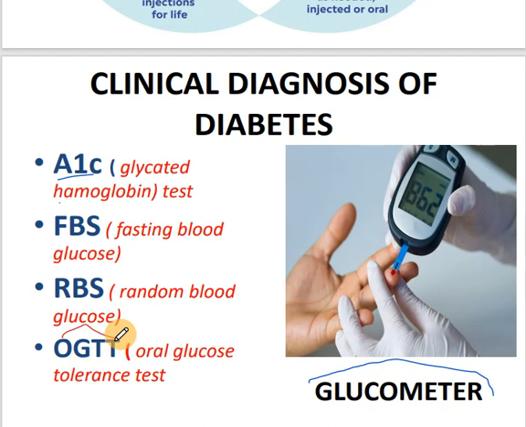So we believe that if the person ingests glucose, after 1 hour, 2 hours, 3 hours, the level of glucose must decrease. But if the person takes glucose orally, then realize that the amount of glucose found in the system for 1 hour, 2 hours, and 3 hours is the same, then we can say the person is suffering from diabetes. So these are the basic clinical diagnostic tests for what? Diabetes detection. Others may be present, but the basic ones are these which are covered in the video.